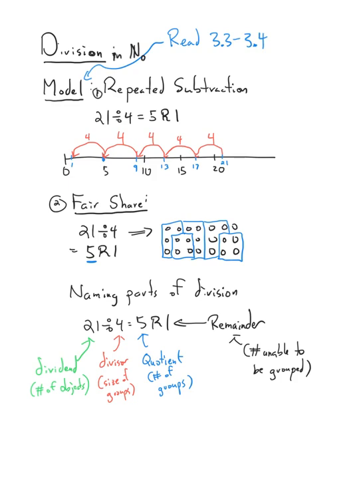Now we're going to talk about what a good definition for division is. Remember, we want to only use operations that we've already defined and talked about. So we're going to define it in terms of multiplication and addition.